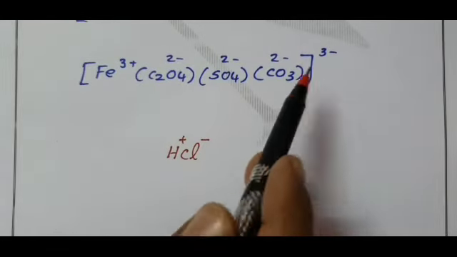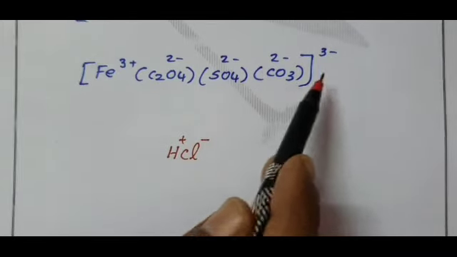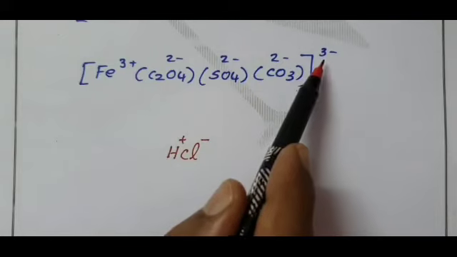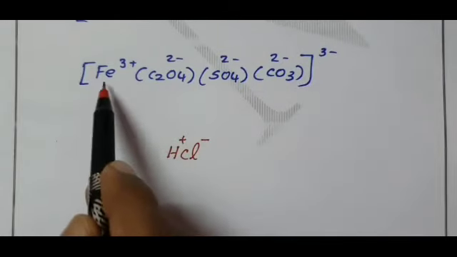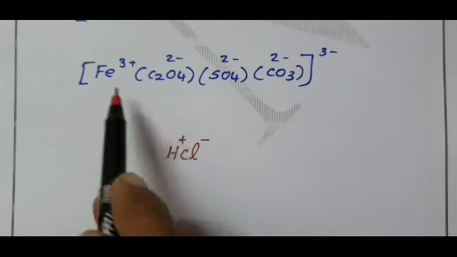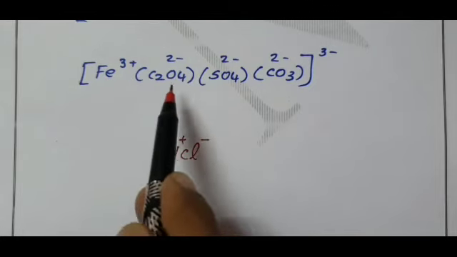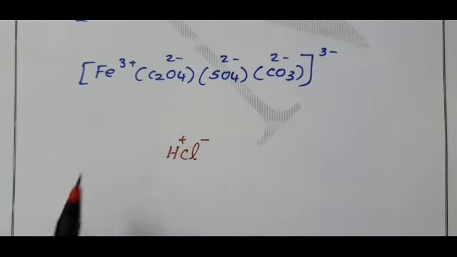Chromium, chromate, platinum, platinate, nickel, nickelate. If the complex is anionic, the actual name of the central metal ion ends with ate. Ferrate, cuprate, nickelate, aluminate, zincate, cuprate, aurate, argentate. Like that we have to give the name.